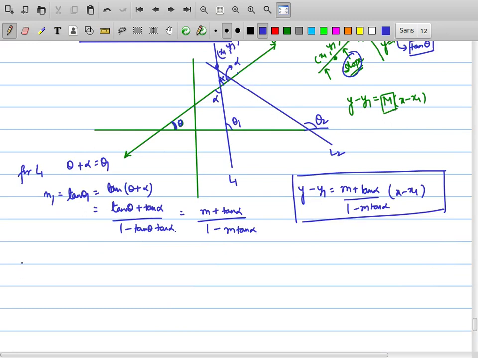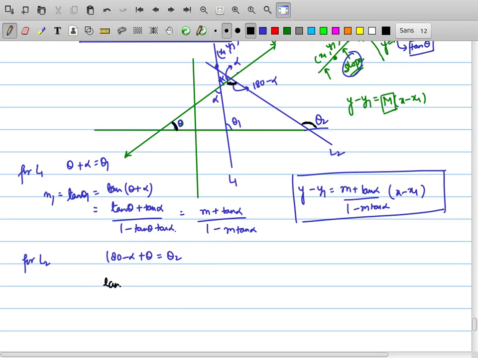The second case could be, let's say for line L2, if this is alpha, this angle would be 180 minus alpha. Now we can write 180 minus alpha plus theta will be theta 2, that is this angle plus this angle should be equal to this angle. Now theta 2 is your second possibility of slope.